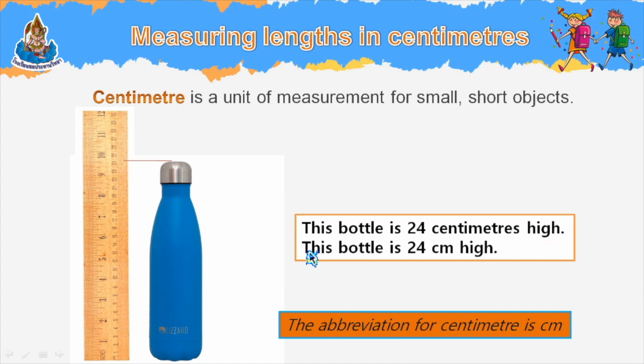You can say it this way, or you can write it this way: this bottle is 24 centimeters high, or just cm. Remember, the abbreviation for centimeter is cm. It's a shortcut way of writing centimeter. What's the measurement again? It's 24 centimeters high.